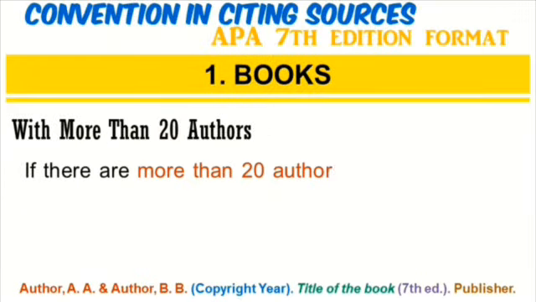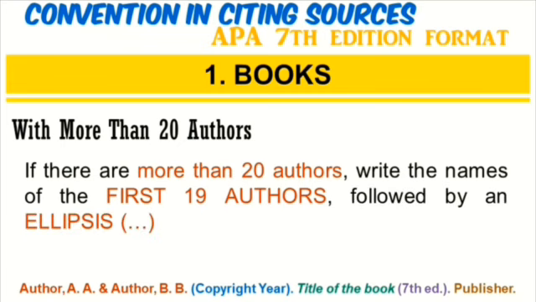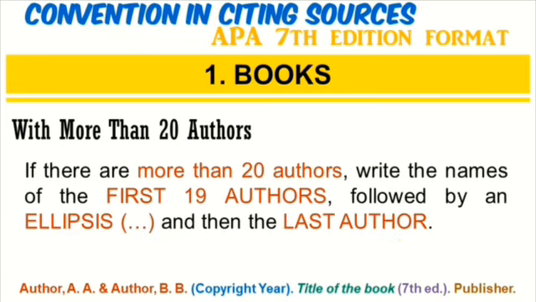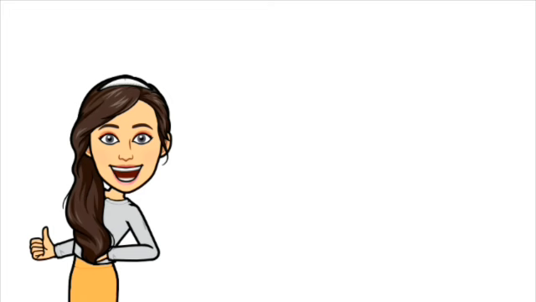If there are more than 20 authors, write the names of the first 19 authors followed by an ellipsis and then the last author. So in here, there is no ampersand, but there is an ellipsis. So we are done with books.